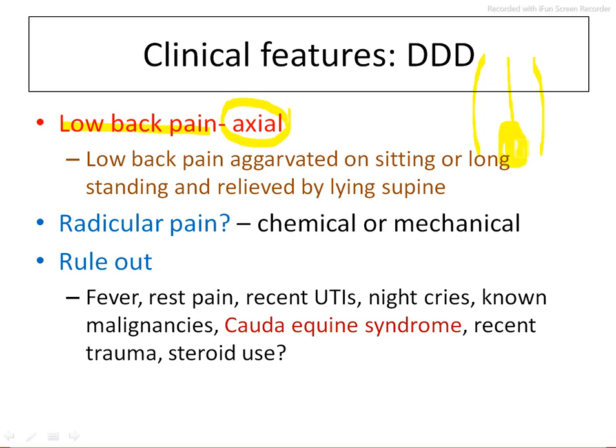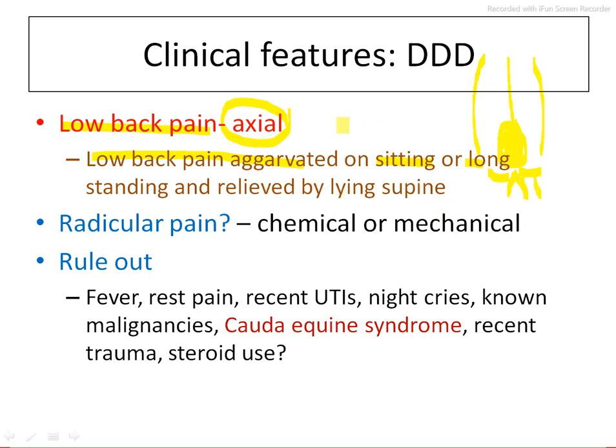The pain is especially localized around the vertebra. It can go towards the buttocks and thighs, but more or less it is in the center line of our body. This pain is aggravated on sitting and prolonged standing, and usually relieved by lying supine.